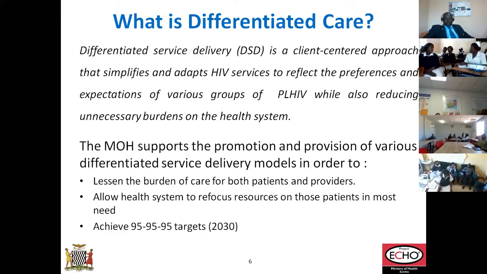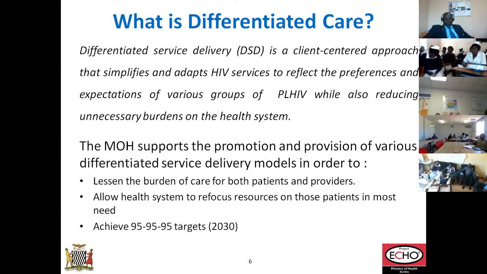Okay, so I just wanted to talk about what is differentiated care or differentiated service delivery, and I think everybody in all the sites and countrywide is approaching this. It is a terminology that actually means that you're differentiating the patients based on particular parameters.